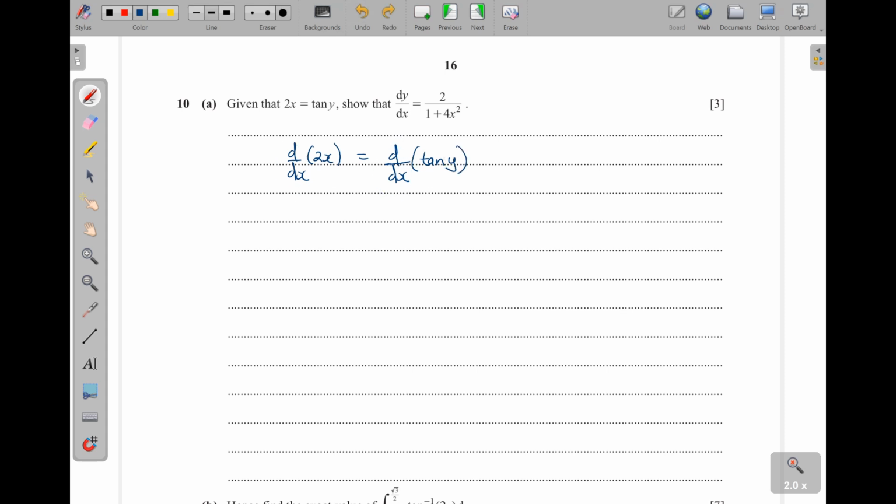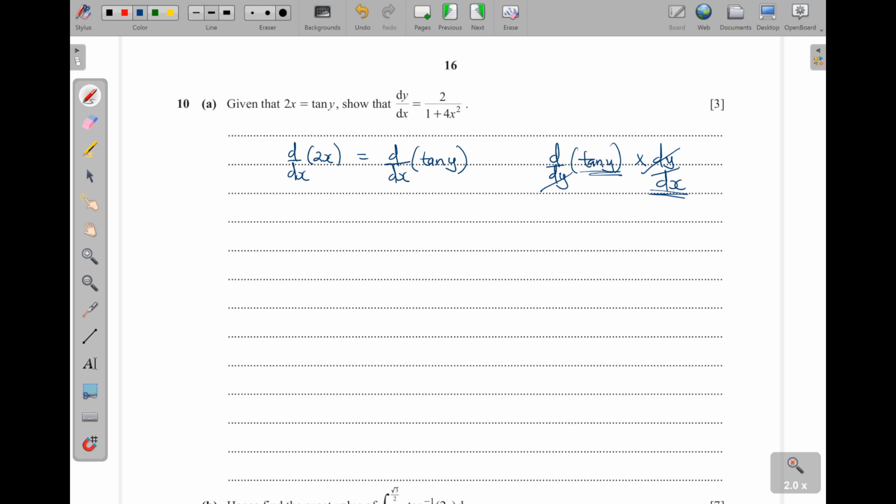Now, because this is implicit differentiation, y is a variable, I'm going to first differentiate this one here with respect to y. Differentiate tan y with respect to y. Then after that, multiply by dy/dx, because this one would have gone away, and then I have differentiating tan y with respect to x.